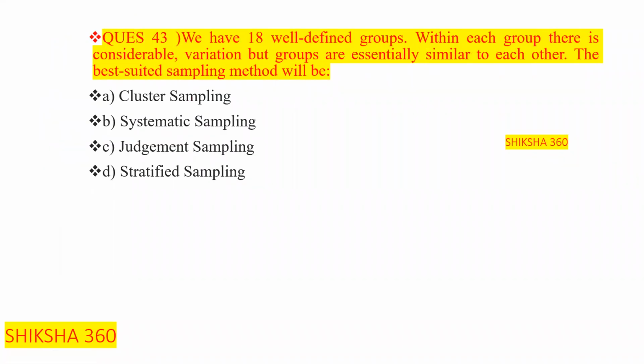Now question number 43. Please understand the question very carefully. What they are saying is that we have 18 well-defined groups.